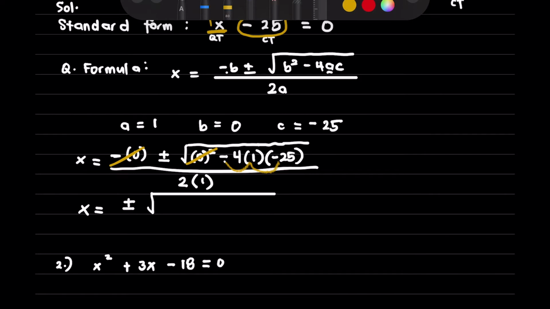So, magiging positive yan. Next is multiply the numbers. 4 times 1, that's 4, times 25. So, multiply mo yon 25 times 4, that is 100. Right? So, that is positive 100.